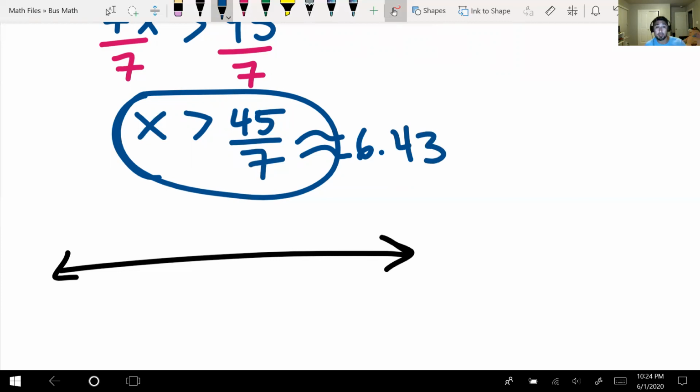So let's go ahead and put on the graph. We see that it only has a greater than symbol. So this means that we will put a parentheses at 45 over 7. And if our x values have to be greater than 45 over 7, we are headed towards infinity.